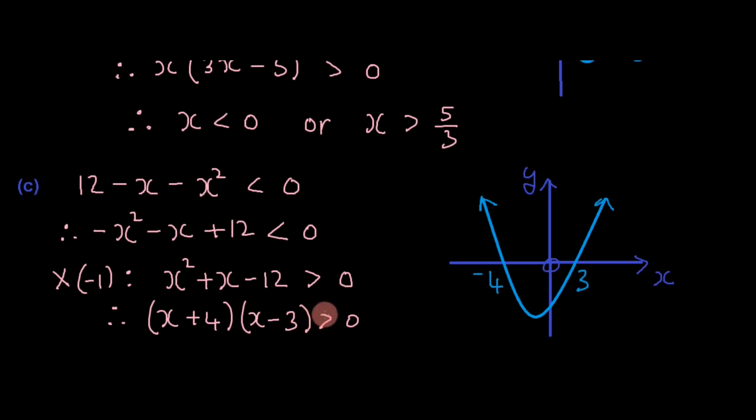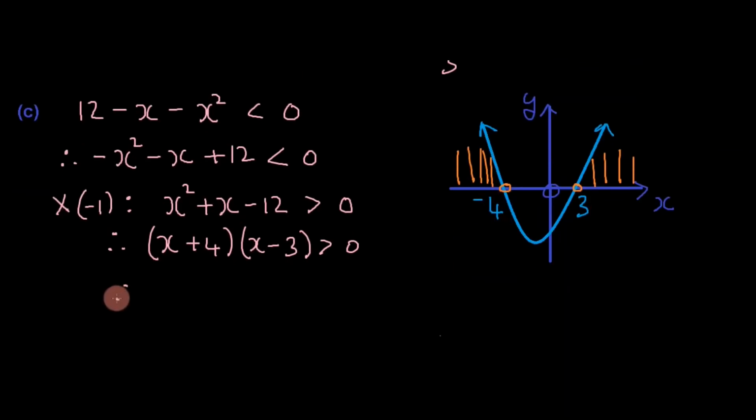Once again, we want the parabola to be positive or above the x-axis. And we can see that it's to the left of negative 4, so for x values to the left of negative 4 and to the right of 3. So just writing down the answer then, x is less than negative 4. So all these x values, or x is greater than 3. In other words, all these x values.